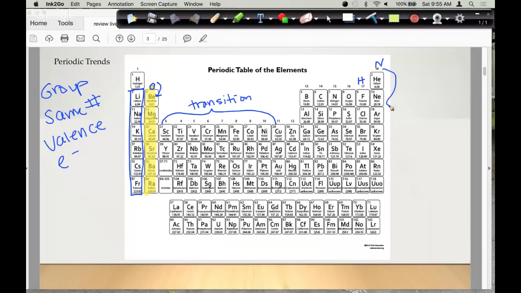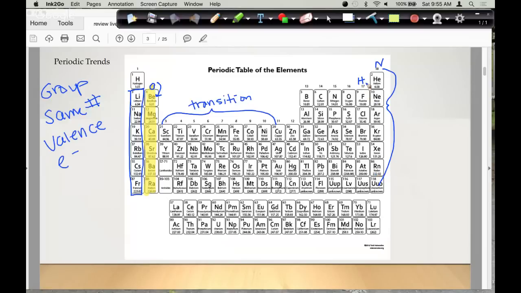Noble gases are the ones that tend not to react because of their stable valence electron configuration. Helium with 2 valence electrons, neon all the way down to element 118. Each of those elements has 8 valence electrons, or a stable octet.